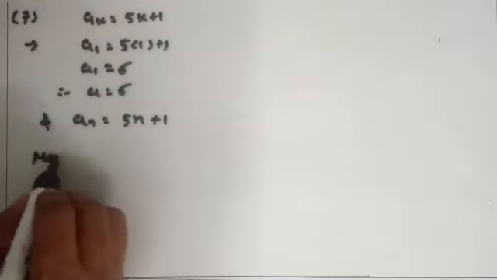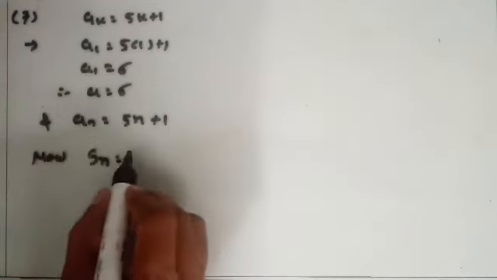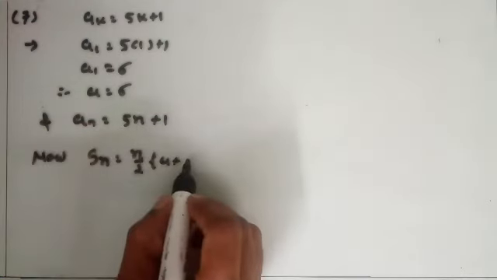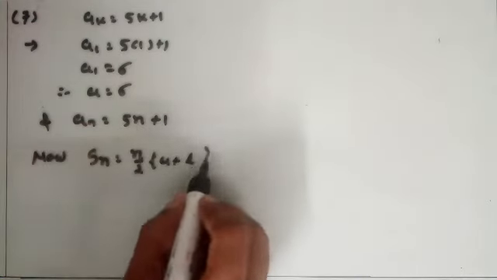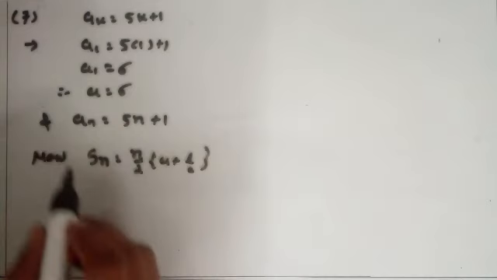Now the nth term is equal to 5 into n plus 1. Now we want to get the sum of n terms. Sn is equal to, we know that, n by 2 into A plus L, that is the nth term, the last term.